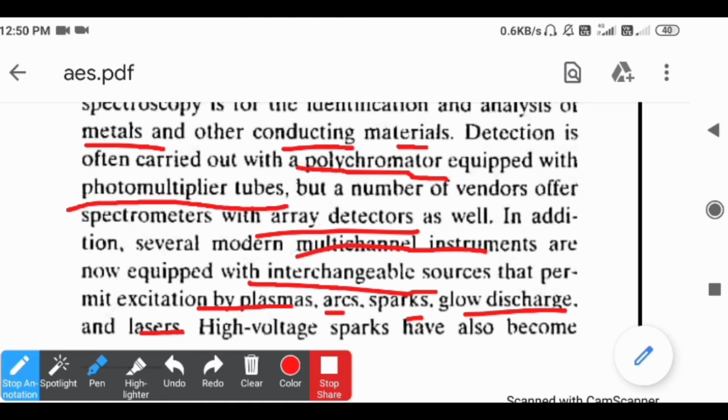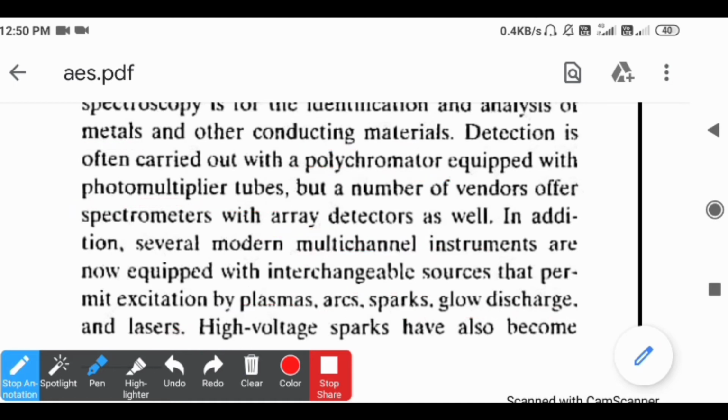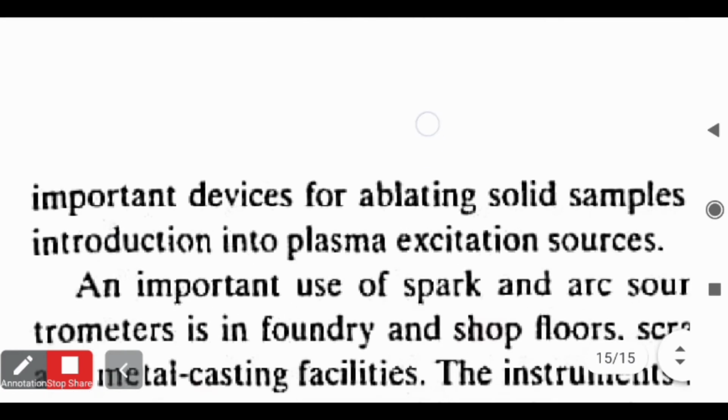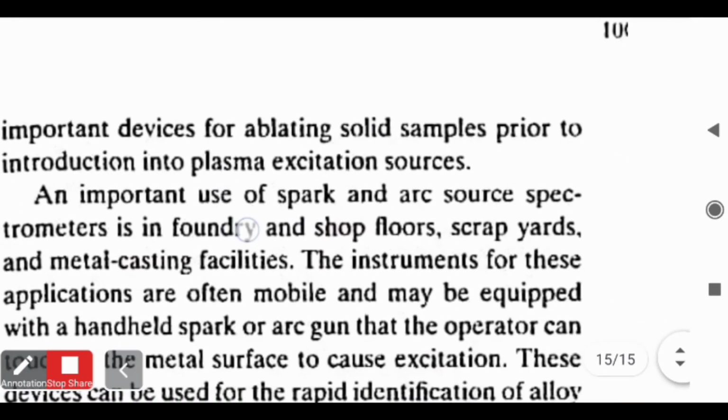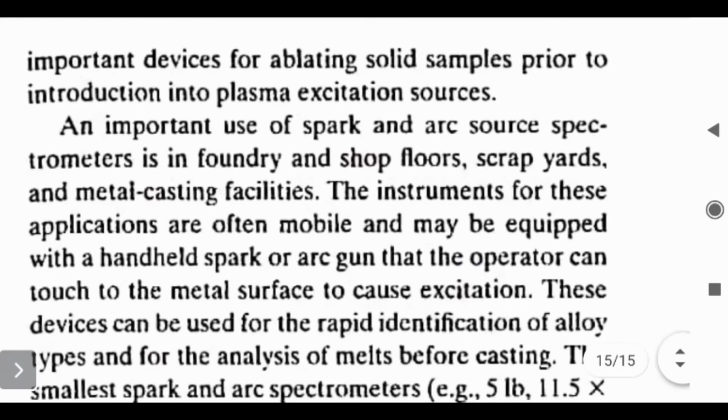Very high voltage sparks can also become an important device for ablating solid samples prior to introduction into the plasma excitation source.